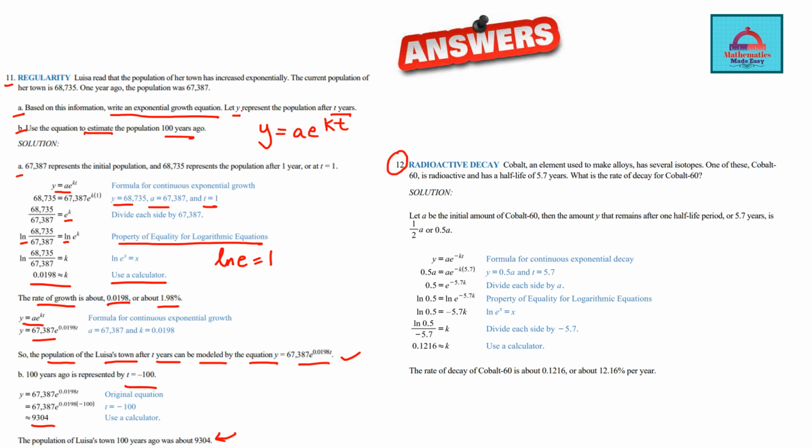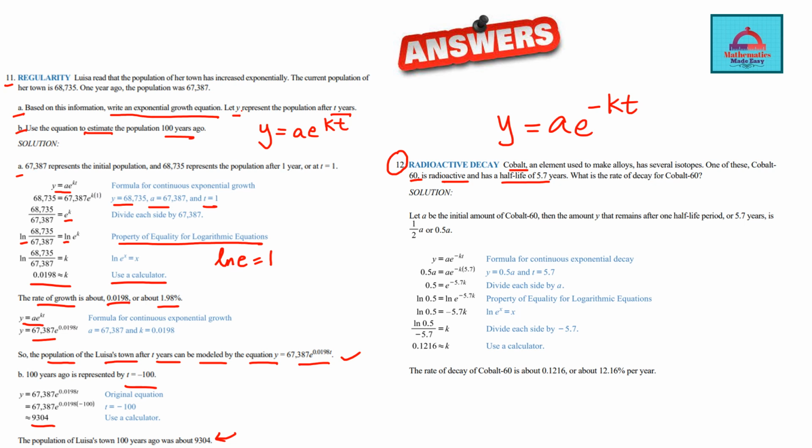Similarly, exponential decay, the only change is in the formula. So for decay, as I told you, since it is decreasing, you will have the minus sign. Let's read this. So similar to a problem we had done in today's session on radioactive decay. That problem we talked about thorium, here it is cobalt. It has isotopes, one of which is cobalt 60, it's a radioactive element, and it has a half-life of 5.7 years.